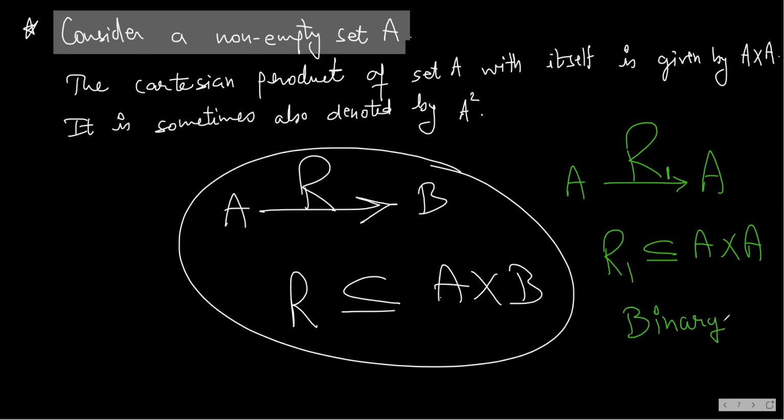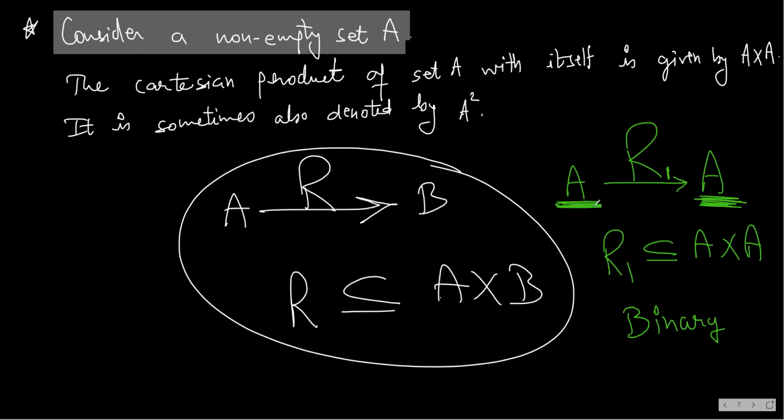If you are defining a relation on a set, what will you say? You will say that we are defining a relation on set A. Because instead of saying relation from set A to set A, this doesn't sound good.